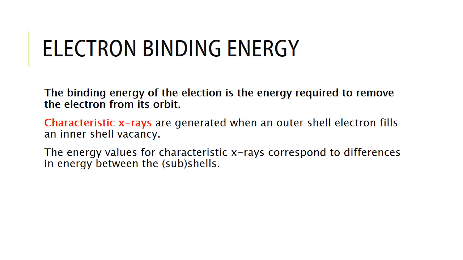So it's going to require a lot more energy to liberate a K shell electron than it would from an M or an N shell electron. So again, the binding energy of an electron in the K shell is going to be much greater than that of the binding energy of an electron in an L or an M shell.